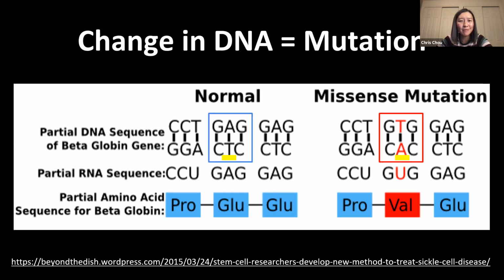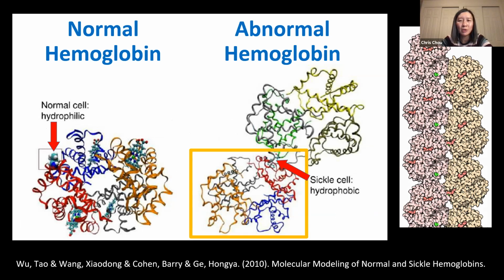So will that make a difference? Well, let's take a look. These proteins rely on the primary sequence of the amino acids to fold up into a 3D shape. Having that glutamic acid at that location means the beta globin protein will be able to fold up into a nice round globular shape, and they interact with other subunits of hemoglobin like alpha and beta globin.